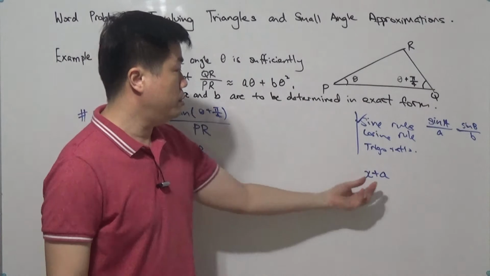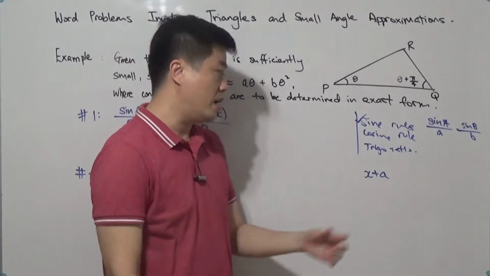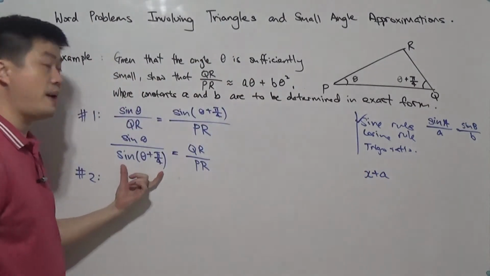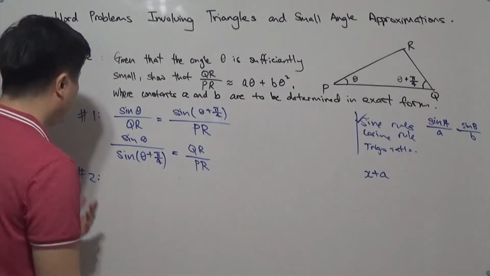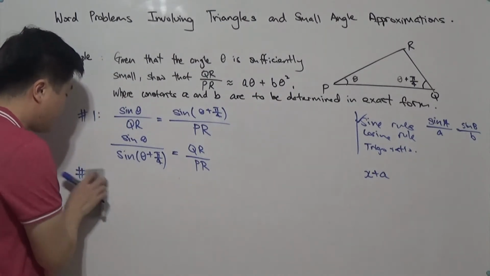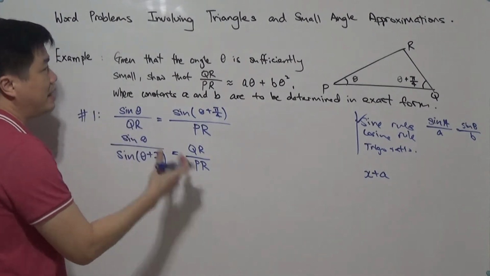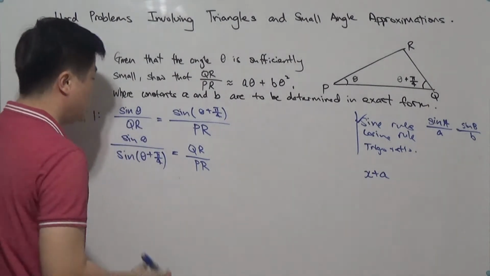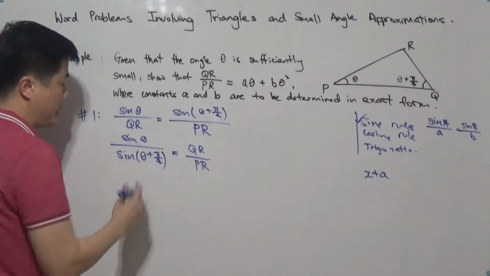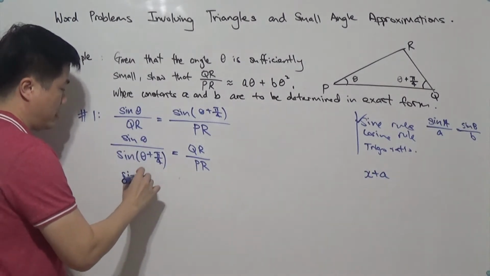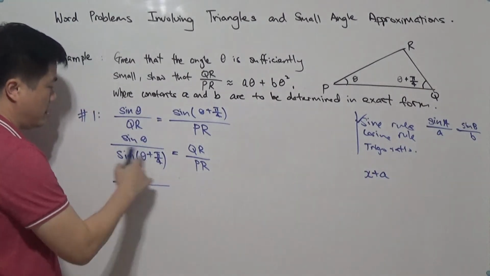What we need to do is use compound angles to expand this. So let's just move step 2 further down. Before we can apply the small angle approximation formulas, we need to expand this.